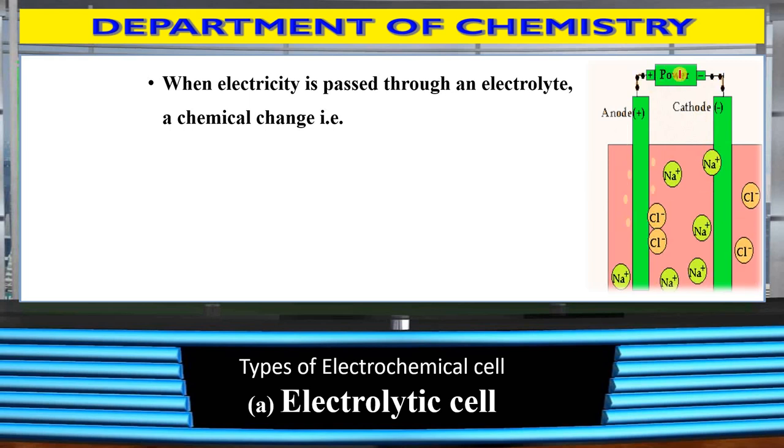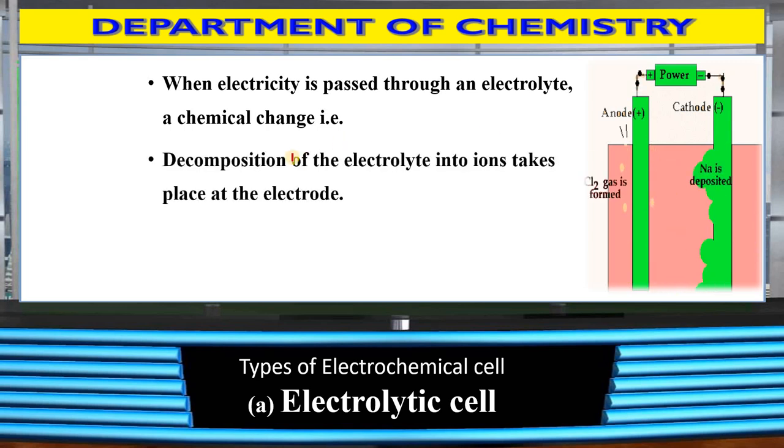And when the power is on, the anode removes two electrons, and the cathode electrode accepts those two electrons donated from the anode electrode. So when electricity is passed through an electrolyte, chemical changes occur in this electrolytic solution, and due to this chemical change, decomposition of the electrolyte into its ions takes place at the electrodes.